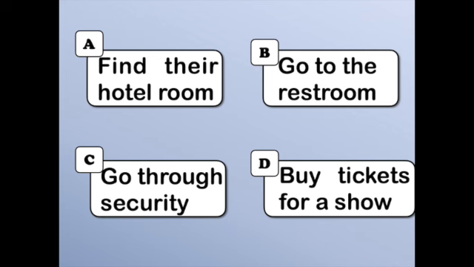Question number 4. What do they need to do before boarding the plane? A, find their hotel room. B, go to the restroom. C, go through security. D, buy tickets for a show.